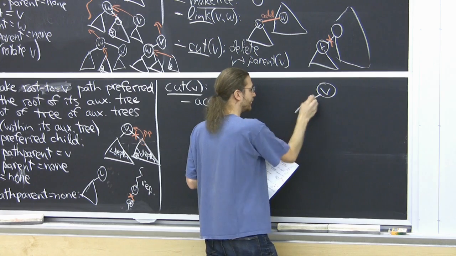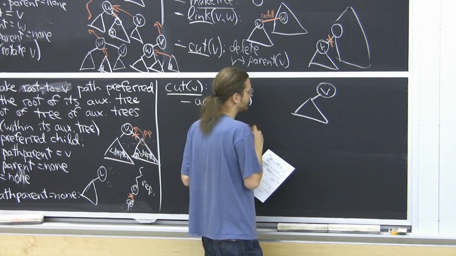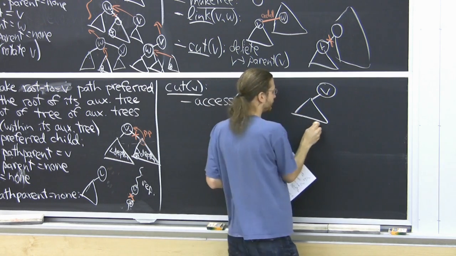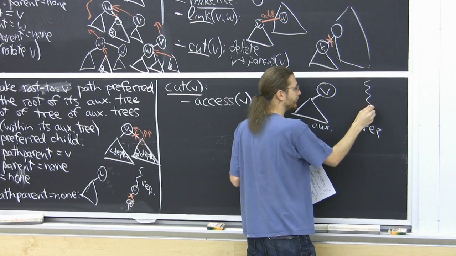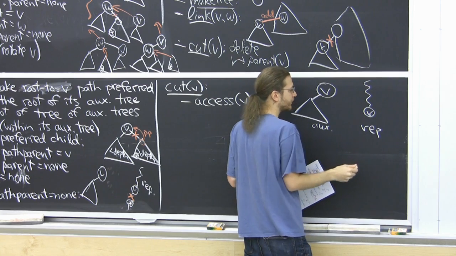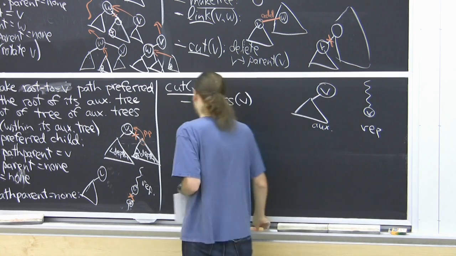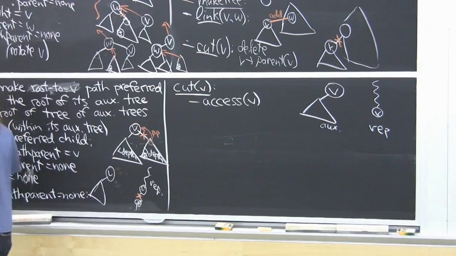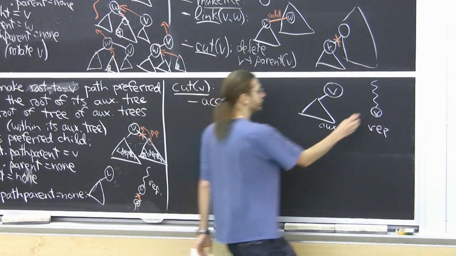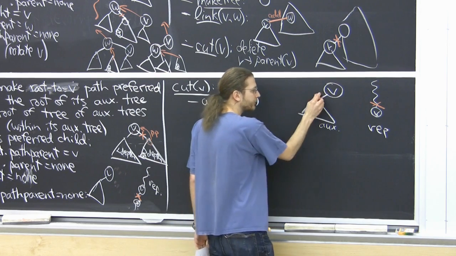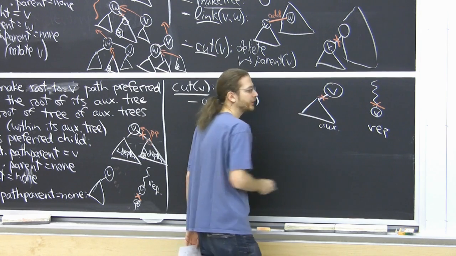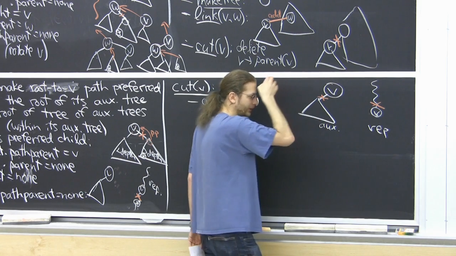So we have v, we have this stuff. What this corresponds to, this is the aux tree in the represented tree. This is a path from the root to v. And our goal in the cut operation is to separate v from its parent in the represented tree. So we want to remove this edge above v. That basically corresponds to this edge, connection from v to all the things less deep than it.